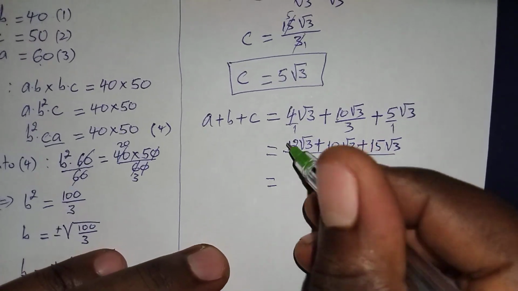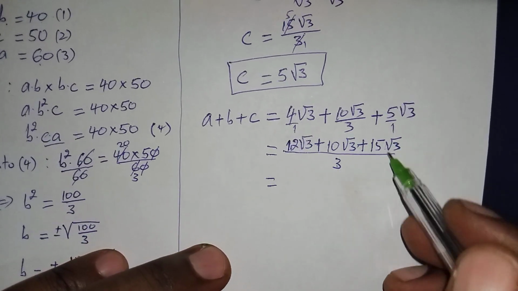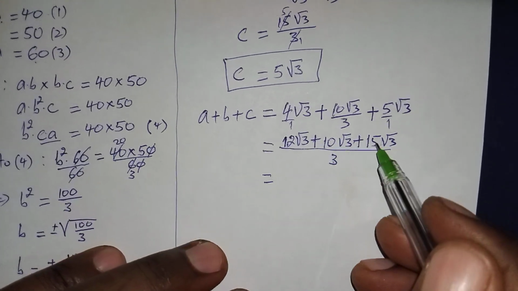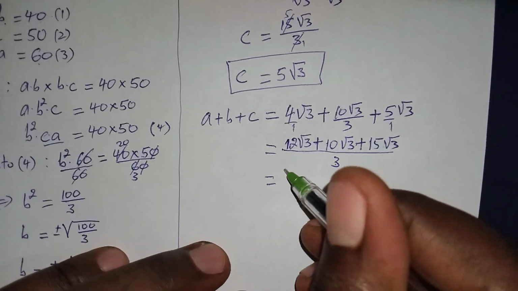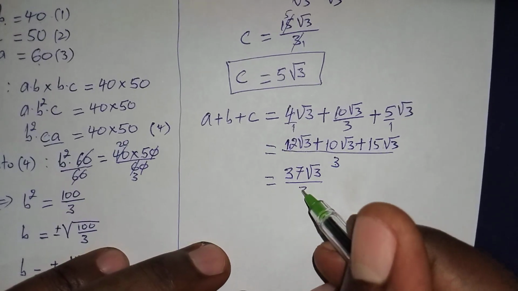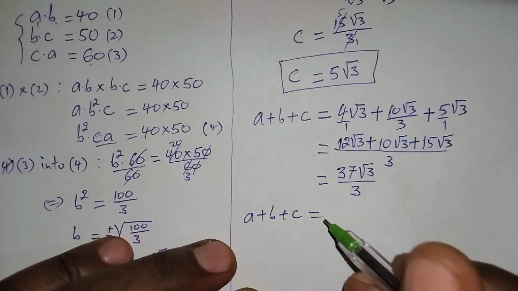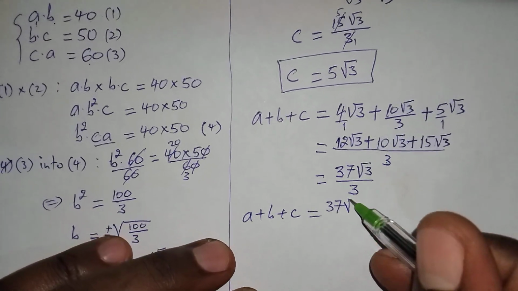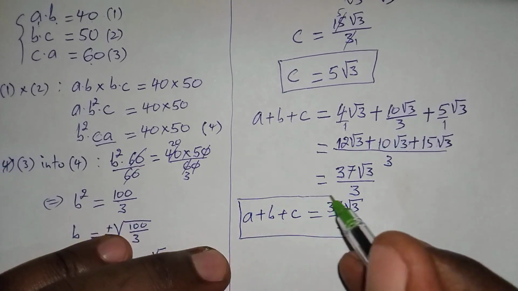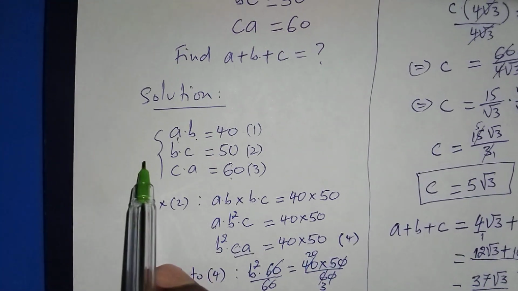This is equal to 12, this is common square root of 3. 12 plus 10 is equal to 22 plus 15 is equal to 37 square root of 3 over 3. This is the value of A plus B plus C, equal to 37 square root of 3 over 3. This is the solution of this problem.